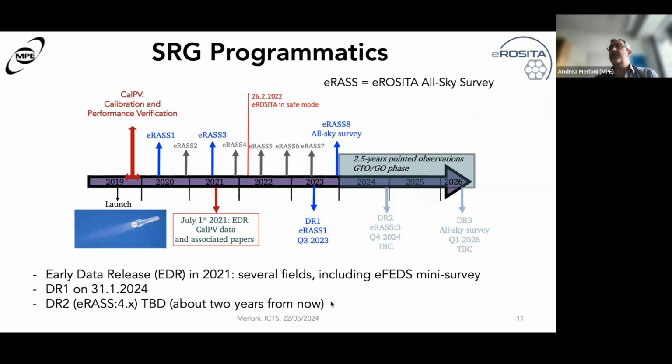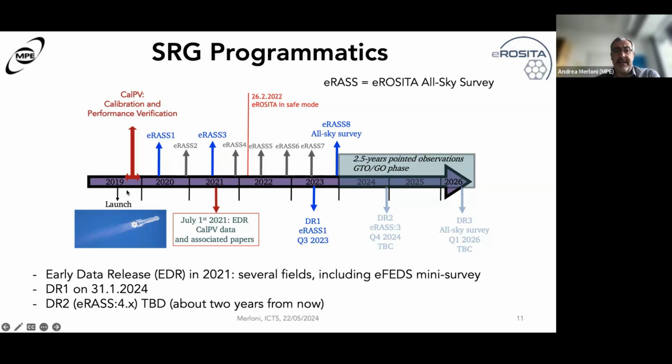Okay, let me move now to the program, what we have done, so that I can show you some scientific highlights. The SRG was launched in July 2019. By the end of 2019, we had completed our commissioning, calibration and performance verification phase.